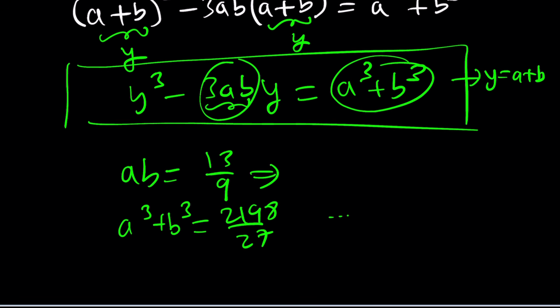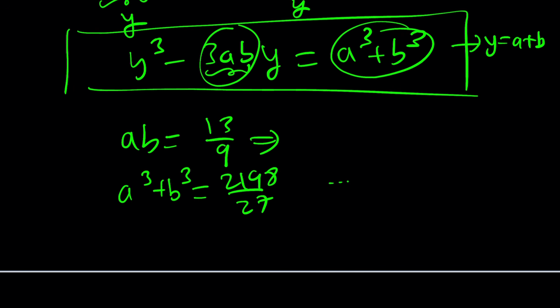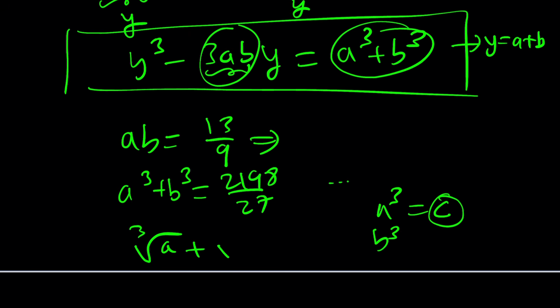But this turns into a quadratic equation. You find the roots. The roots are a cubed and b cubed, so you're going to set a cubed equal to c, find the c values, take the cube roots, and add those two. In other words, one of the roots is a, the other root is b, and y is equal to those two added.